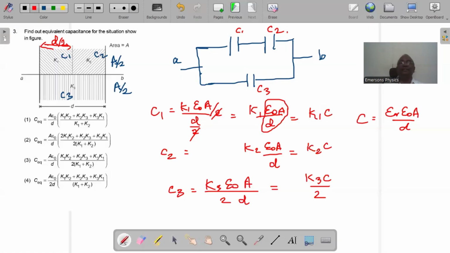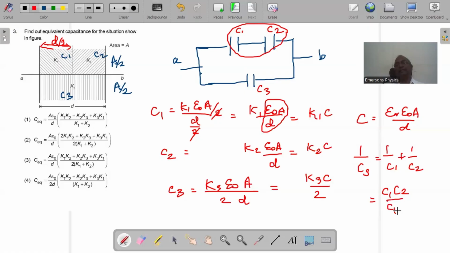Let us take the effective capacitance of C1 and C2. 1 by C series is 1 by C1 plus 1 by C2. This can be written as C1 C2 by C1 plus C2.